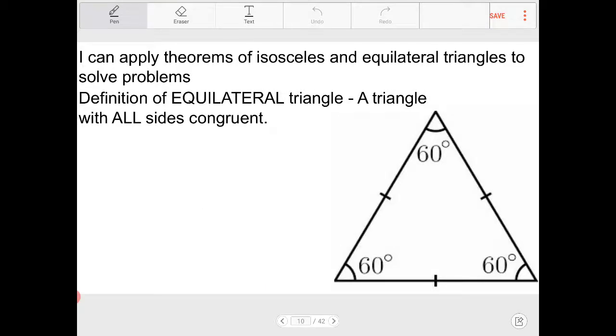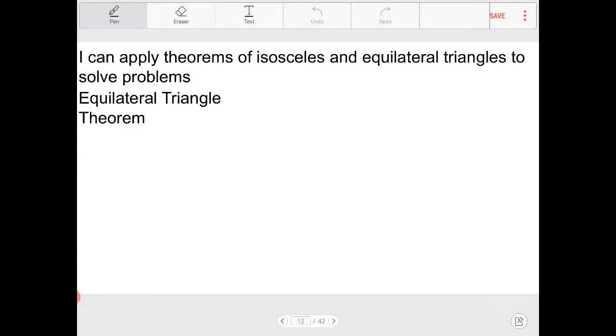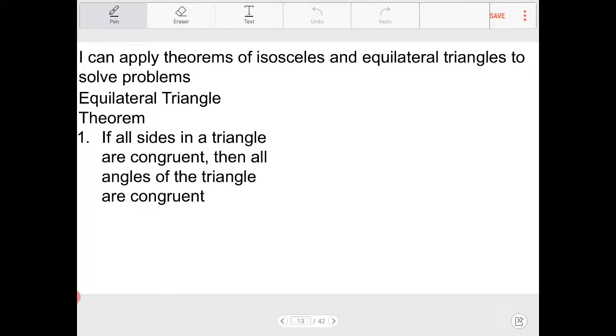This is the definition of an equilateral triangle, a triangle with all sides congruent. As a result of this, not only are all sides congruent, but also all angles are congruent, and all angles measure 60 degrees. What exactly is the equilateral triangle theorem then? If all sides in a triangle are congruent, then all angles of the triangle are congruent.